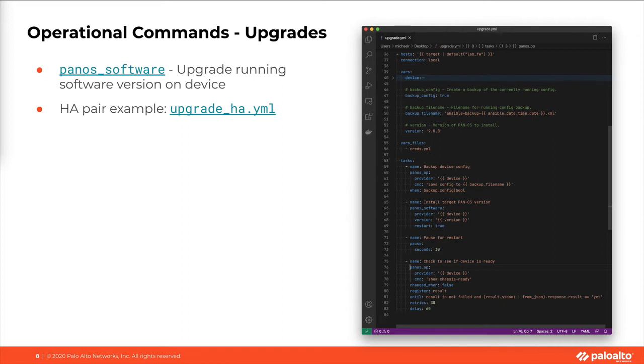Again, this is something that is very nice to be able to hand off to another member on your team, whoever happens to be upgrading that particular firewall. Make sure that you do it in the same exact way. This is a single node upgrade playbook here, but I've got an HA upgrade example linked here in a repository of example playbooks that I'll share at the end.